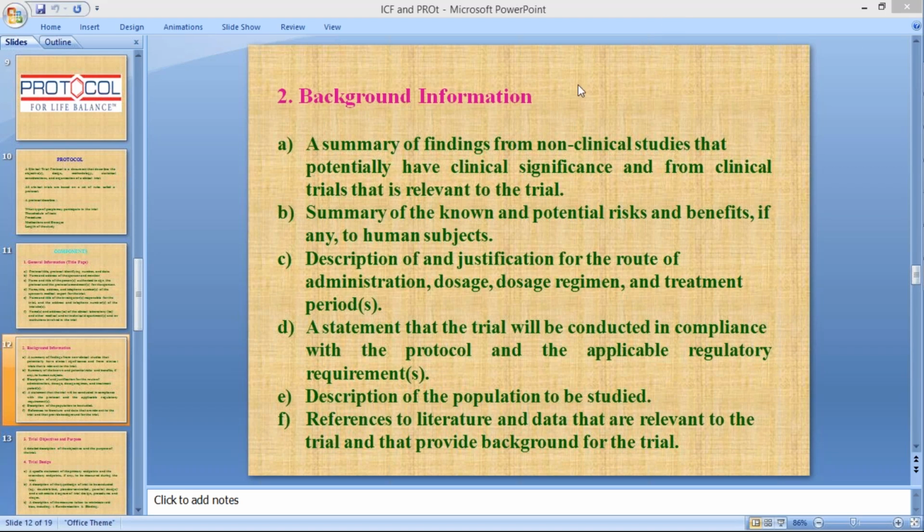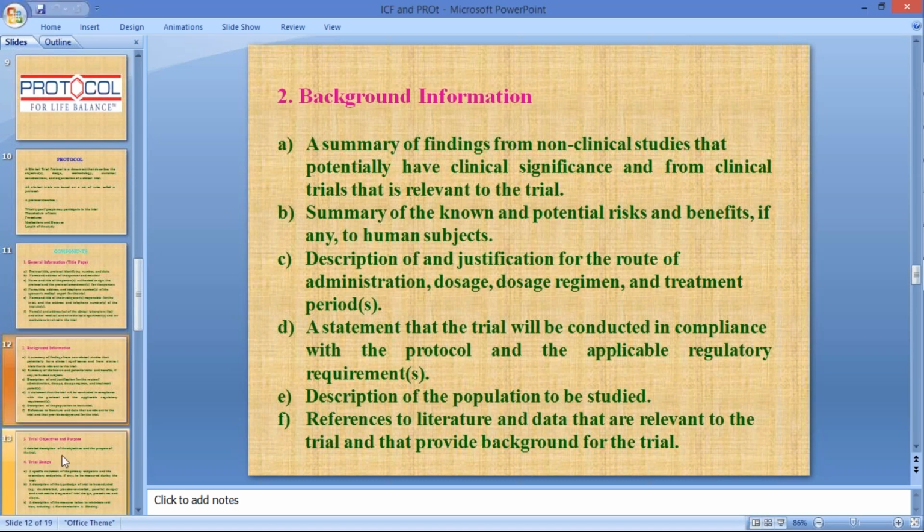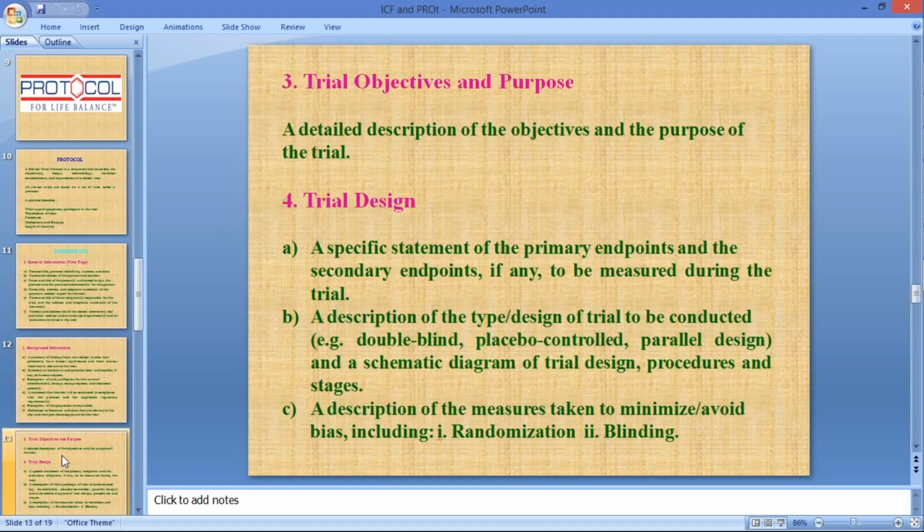Okay. And so we'll have trial objectives. So what are the objectives and what is the purpose? You need to know definitely the objective. You need to know the purpose of the study. You can easily understand it by the name, purpose of the study.